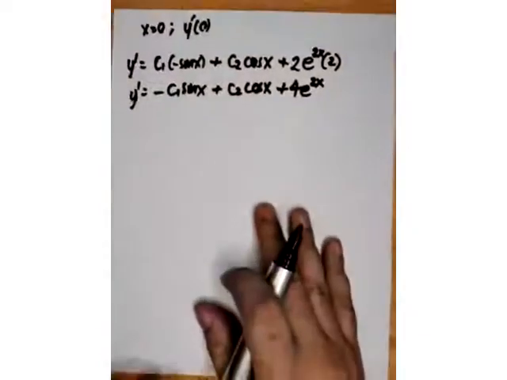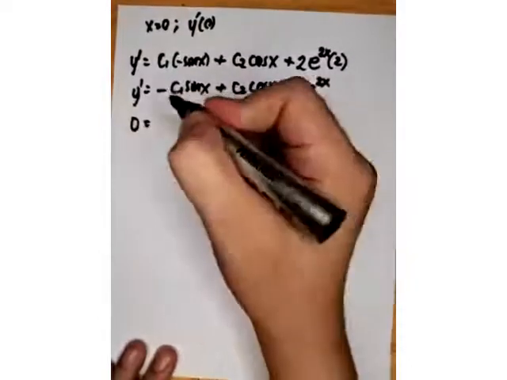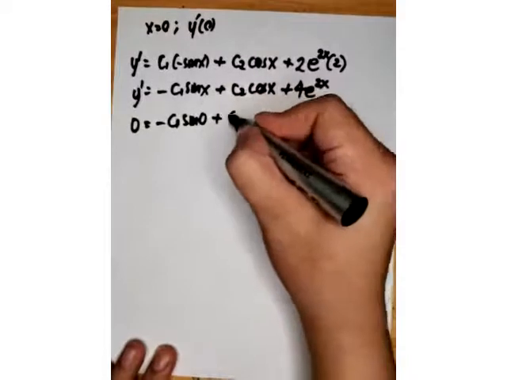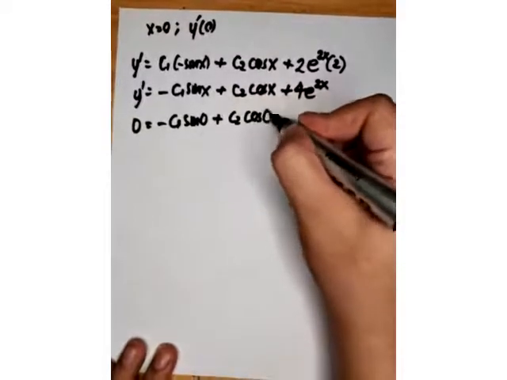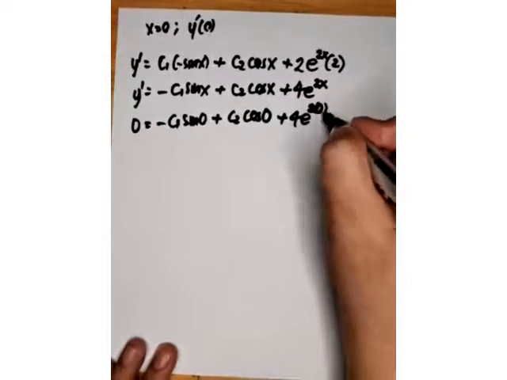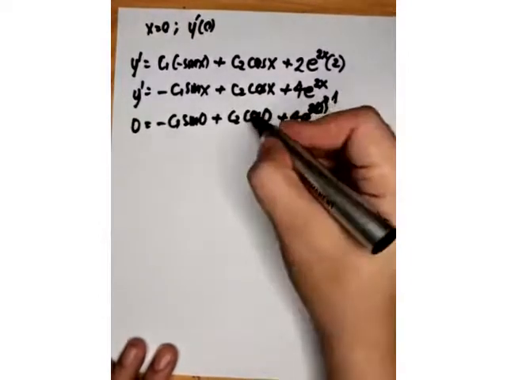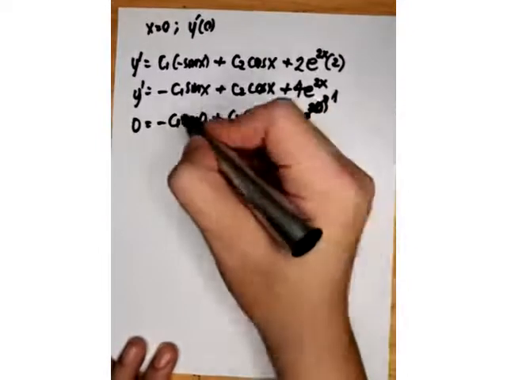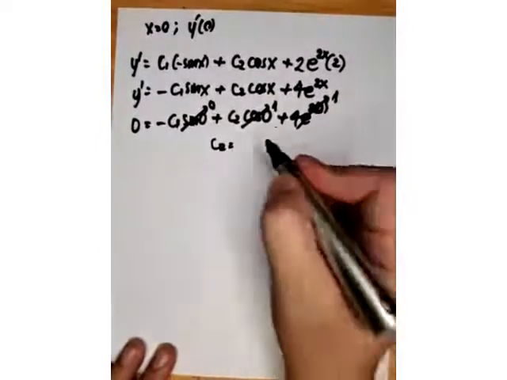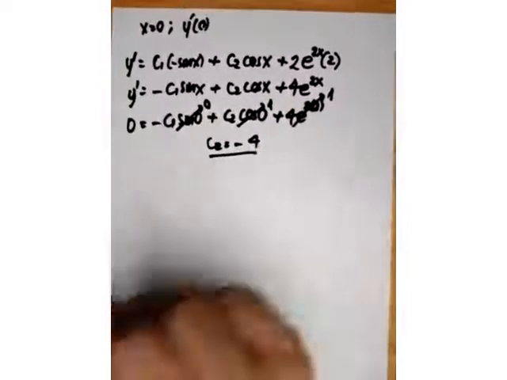So, apply natin condition. So, this is 0 is equal to negative c1 sine 0 plus c2 cosine 0 plus 4e raised to 2 times 0. So, this is equal to 1. Cosine 0 is 1. And then sine 0 is 0. So, c2 is equal to negative 4.